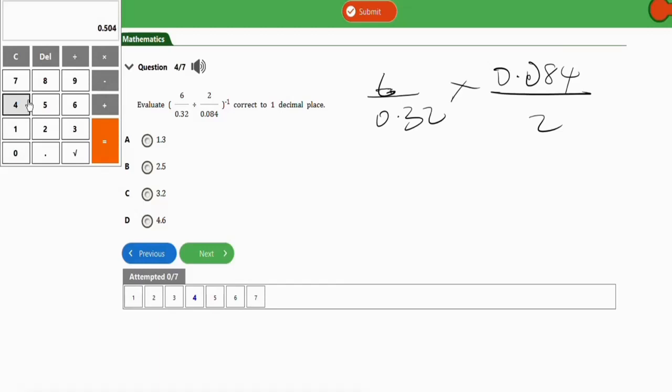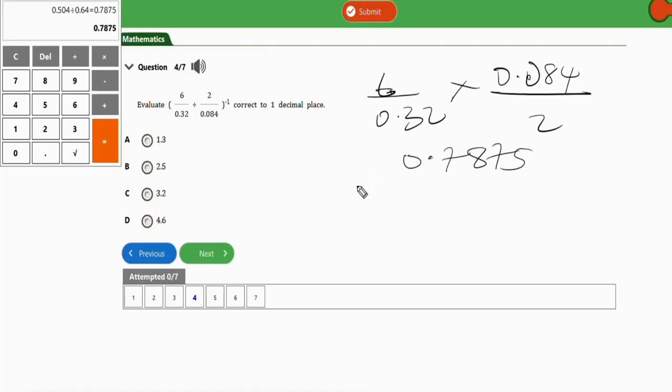Okay, so basically now we're going to do 0.504, which is the first value we got, divide 0.64. Equal to, so we have 0.7875. So that's the output, 0.7875. So remember, we have to the power -1.